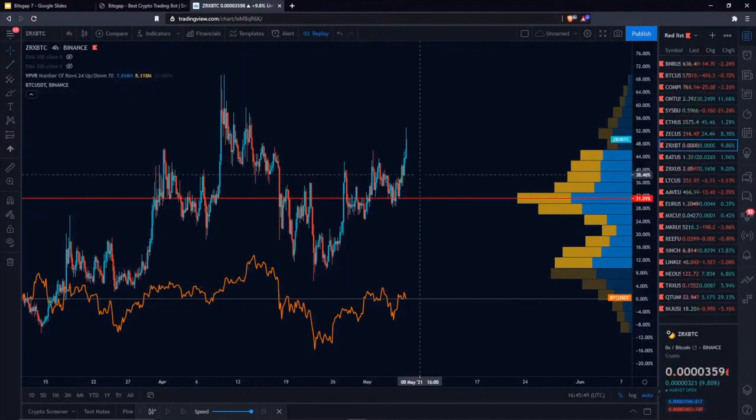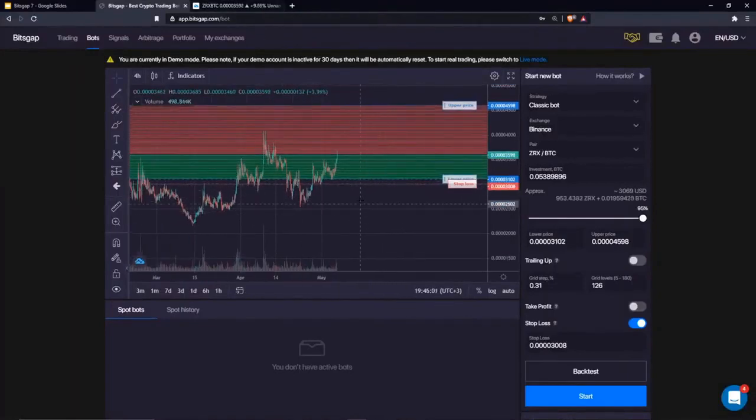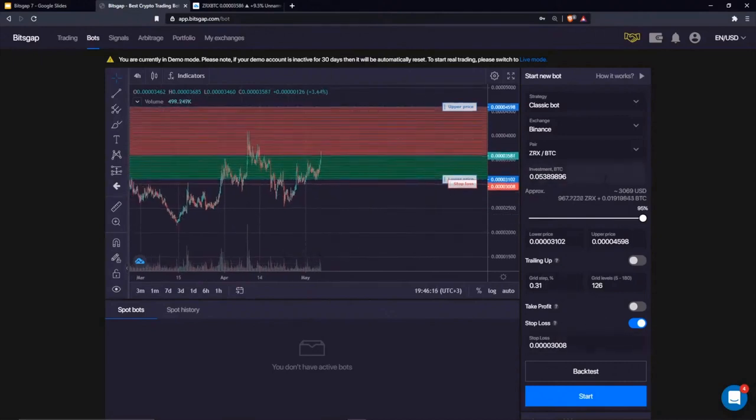And as they are telling me that the market sentiment is bullish, I just launched the bot, and I always make sure that my stop loss is below the key support line, so that if the price falls, then at least I have a minimized loss. I have a limited loss in that case. So never forget about the stop loss.